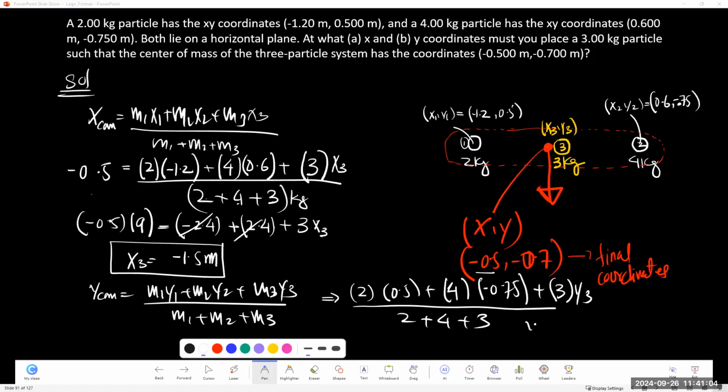If I solve this, my y3 comes out to be minus 1.43 meter. So you take these values as the coordinates where you're going to put the 3 kilogram object in the middle of these two.